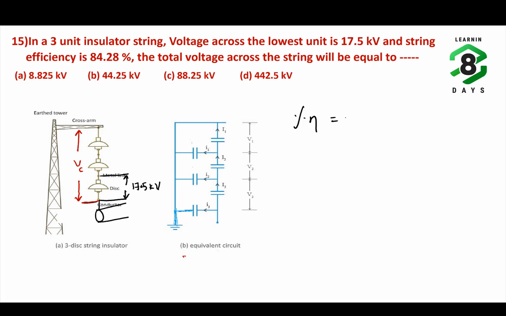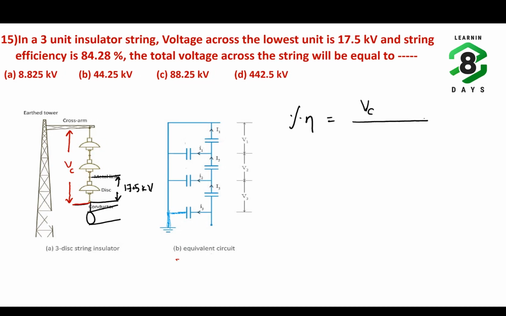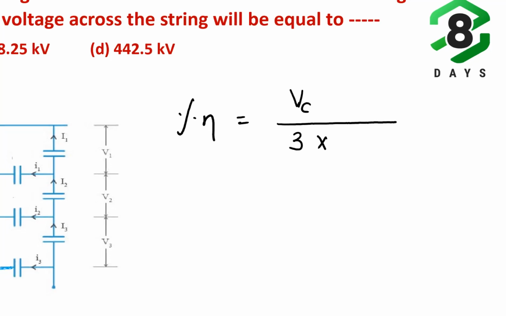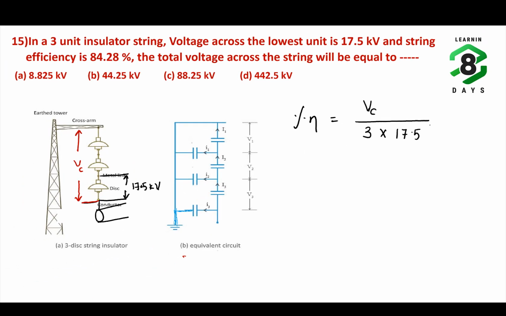string efficiency is given by the voltage of the conductor with respect to tower or neutral, divided by how many discs are there in the string, 3, into the voltage across the disc that is next to the conductor, 17.5, into 100. This value he has given as 84.28 percent. So from this we need to calculate the VC value.